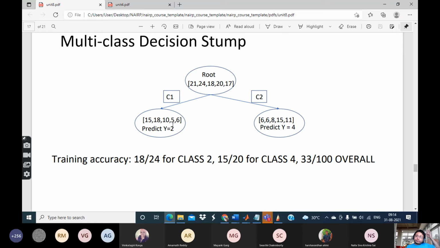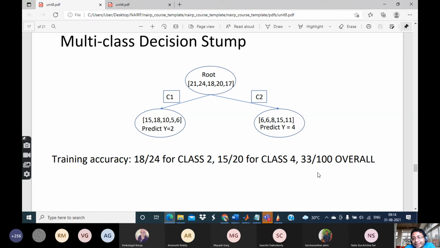Out of these 54, 18 of them belong to class 2 and 15 of them belong to class 4. So these 18 and these 15 I have correctly classified. So I have got an overall accuracy of 33 out of 100.